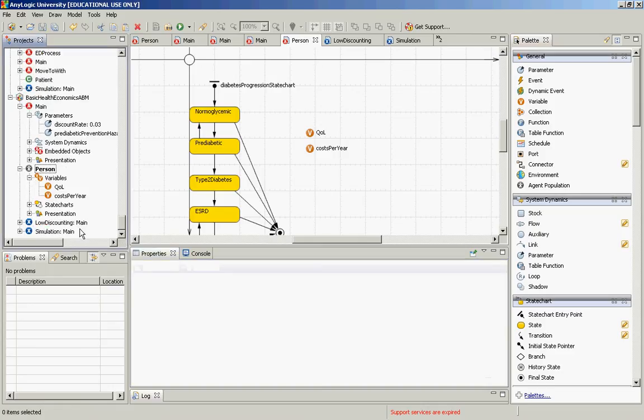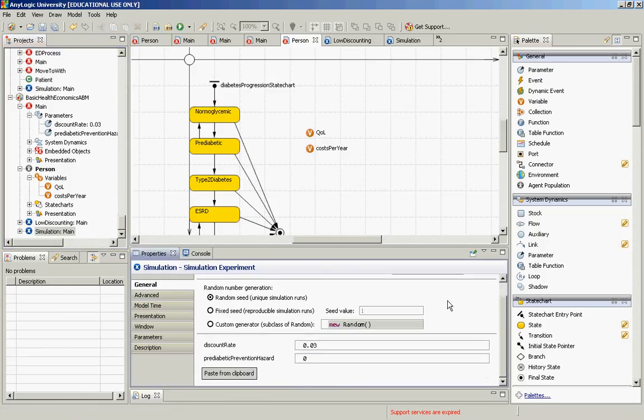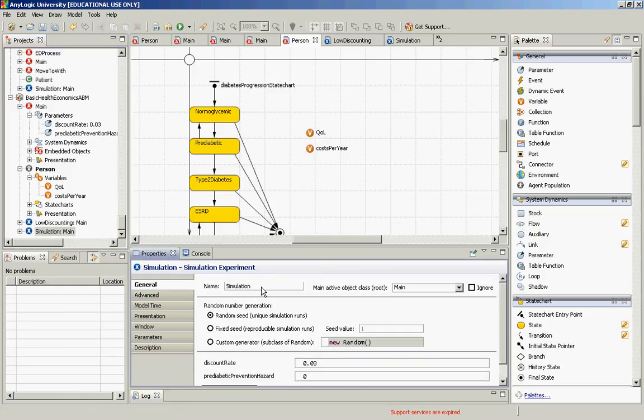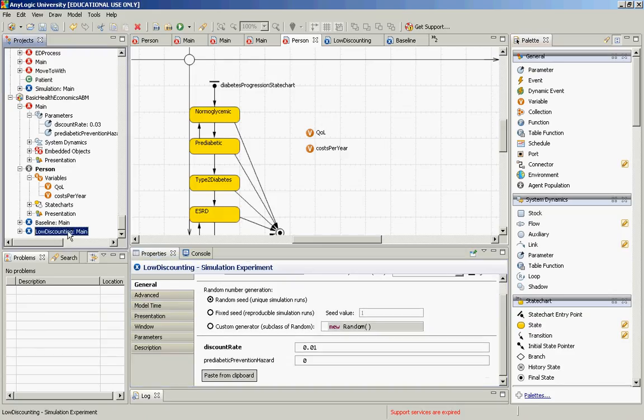And now, associated with each of these things, we have this simulation. Maybe we'll call this simulation baseline. That will have a prediabetes prevention hazard of 0. Similar to low discounting, I'll call it low discounting baseline. It also will have a prediabetes prevention hazard.